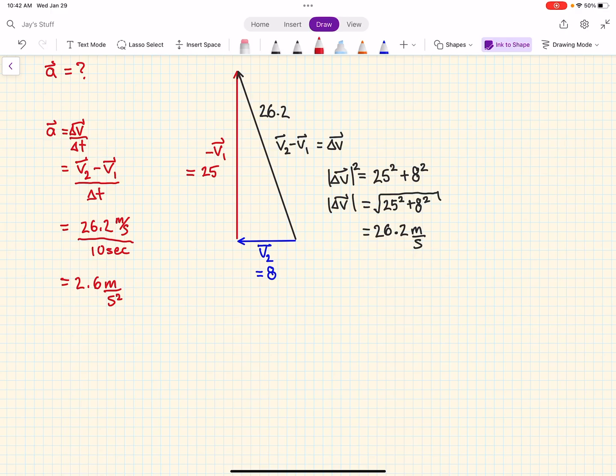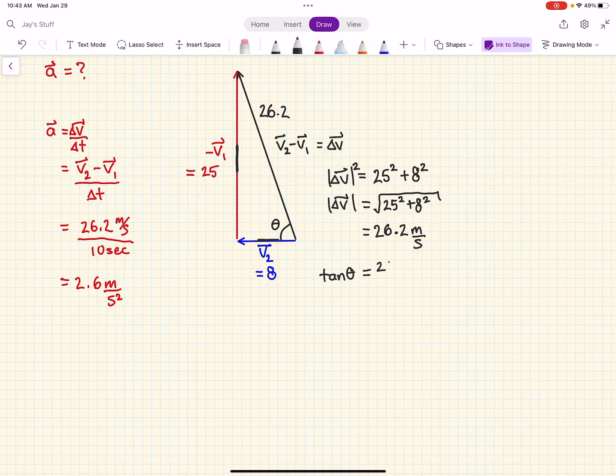So we need to figure out the direction of this black vector. In order to do that, we're going to have to find this angle so that we can say which direction that black vector is actually pointing. So we can just use tan. We see that tan theta equals the opposite over the adjacent.